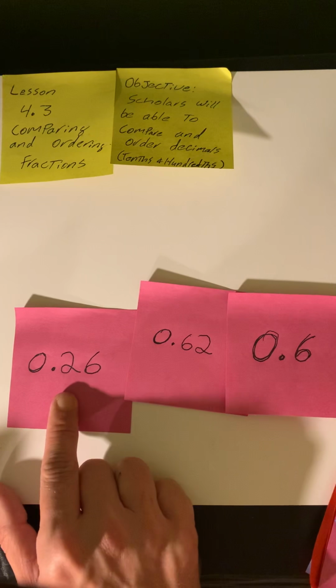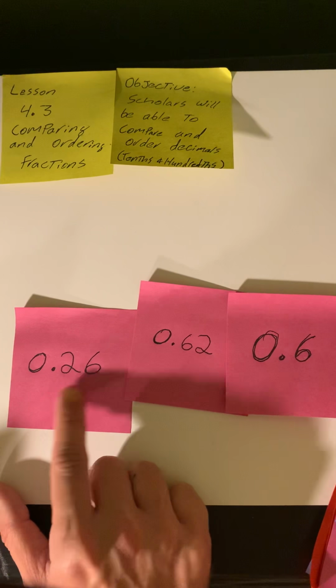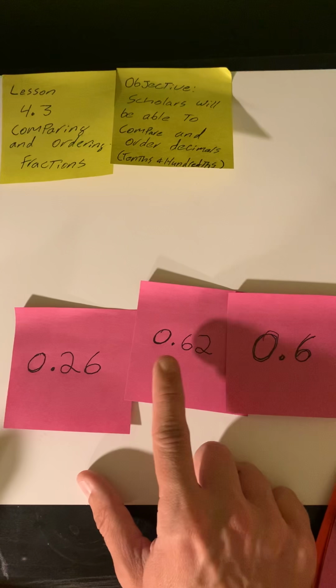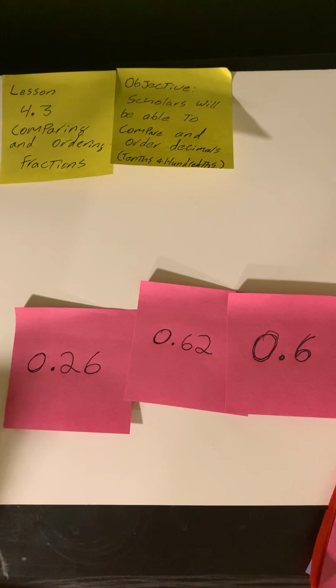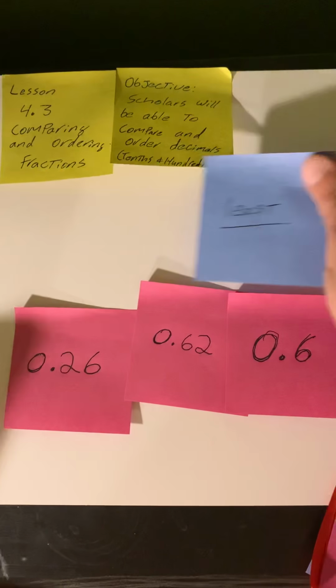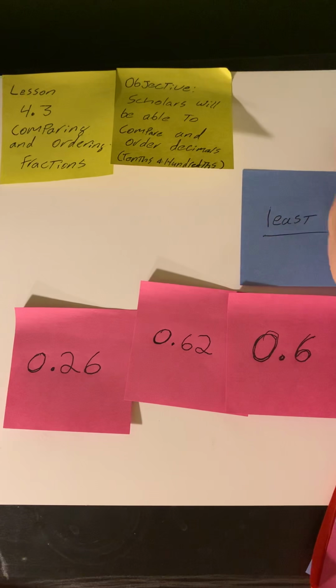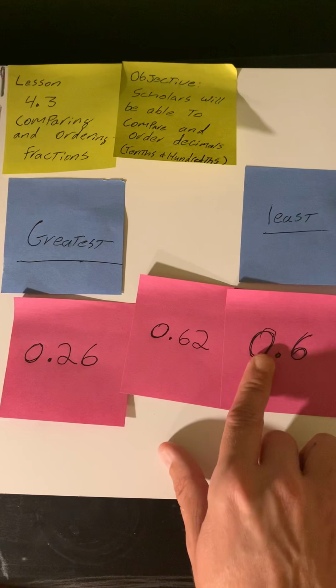I have 26 hundredths, 62 hundredths, and 6 tenths. So I need to organize these from greatest to least. So my greatest number out of these 3 numbers I'm going to put to my left side, and my least of my numbers I'm going to put to my right.